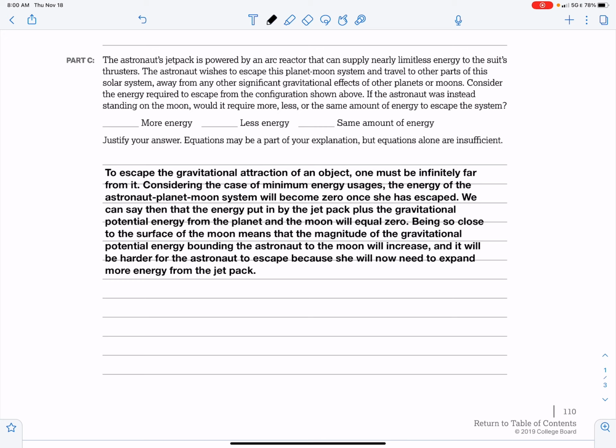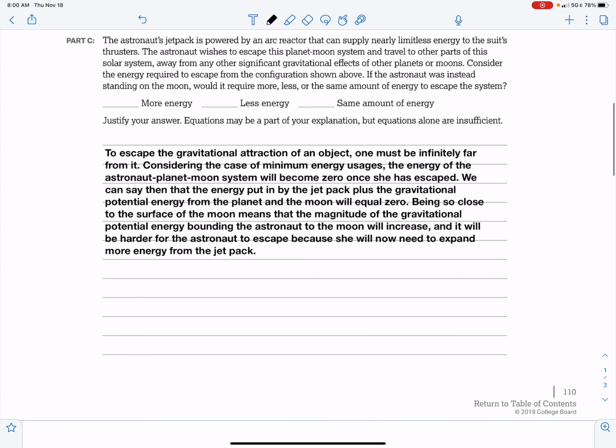To escape the gravitational attraction of an object, one must be infinitely far from that object. So if we consider the minimum energy usage, the energy will become zero once she has escaped. We can say the energy would be the energy of the jetpack, in other words, the work done by the jetpack.